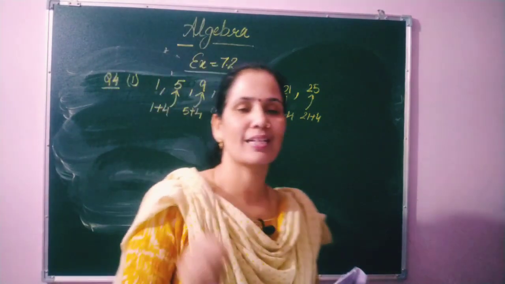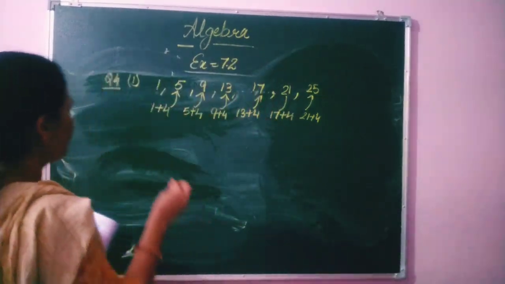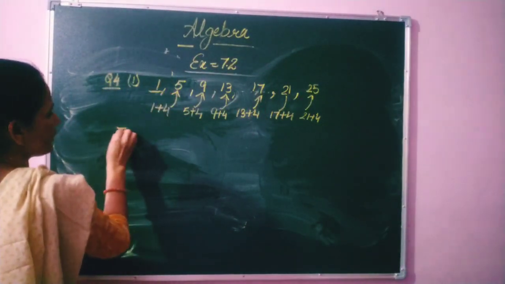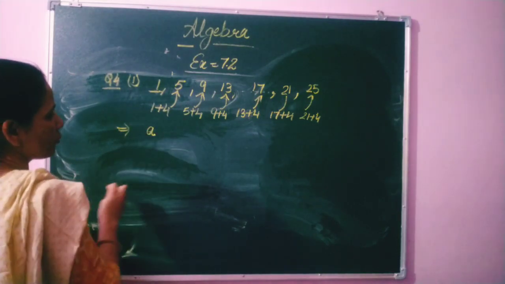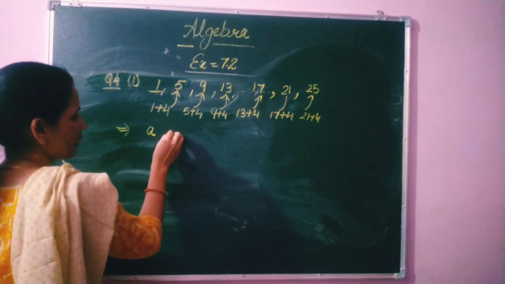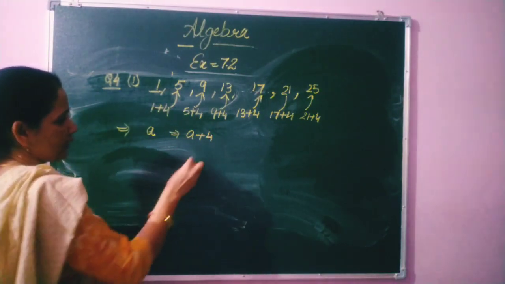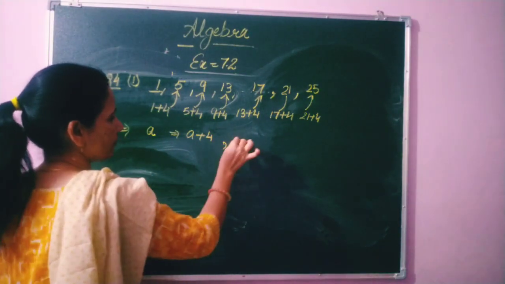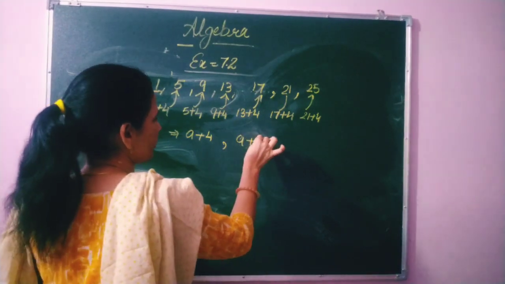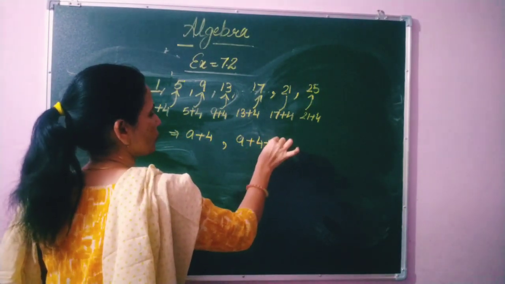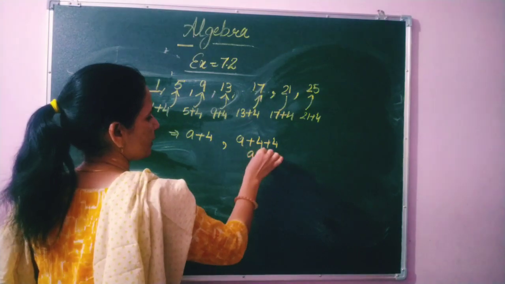Then how to generalize this formula? For example, if we assume the first term is A, then here we can write the pattern moves as A plus 4, and then A plus 4 plus 4. Then 4 plus 4 is 8, that means A plus 8.